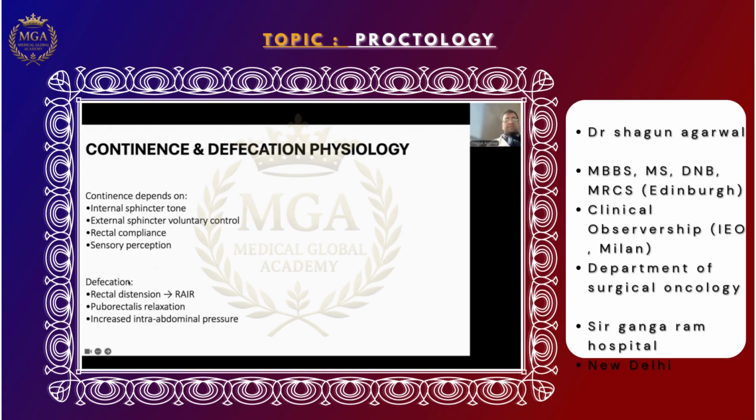How does defecation happen? The moment rectal distension happens, the rectoanal reflex conveys the sensation to the brain. Then a patient with a sound mind and social inhibitions will find a washroom to go and pass. The puborectalis relaxes, and the intra-abdominal pressure increases to make the stool pass.